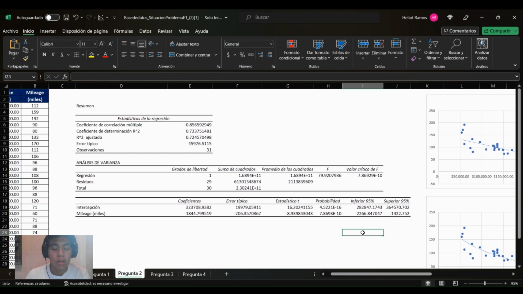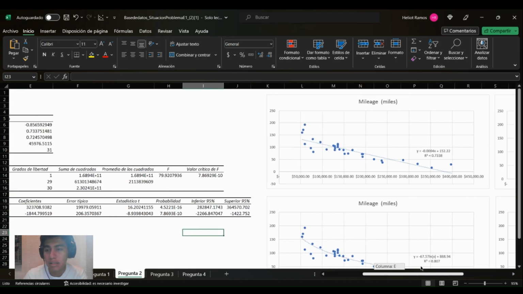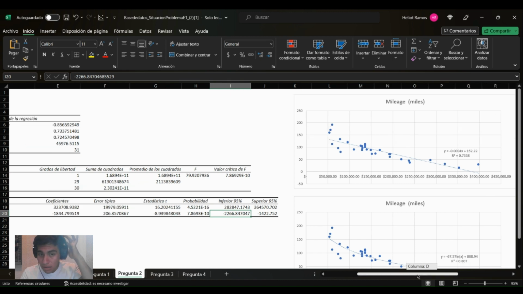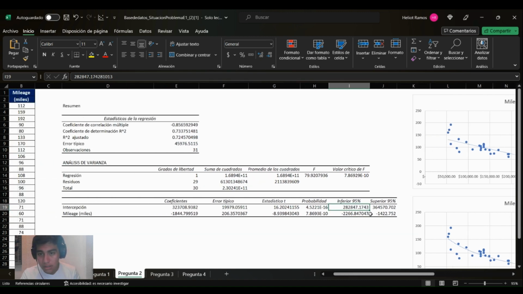These are all the possible values for the coefficient of mileage in this equation, which explains that the price would be from minus 2,266 to minus 1,422 times x, being this mileage, plus our coefficients for the intercept. That would be these numbers right here.